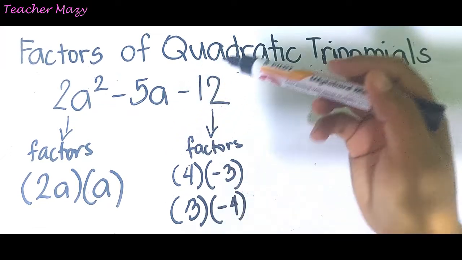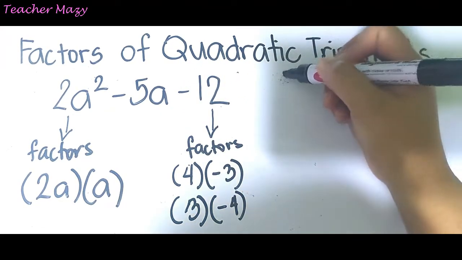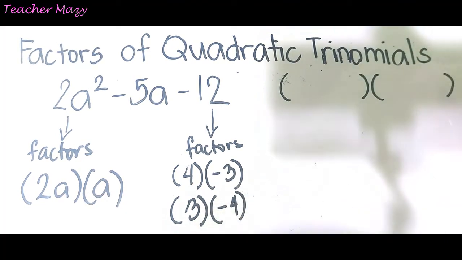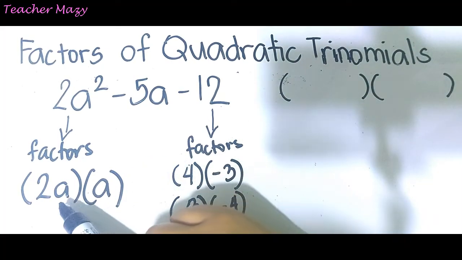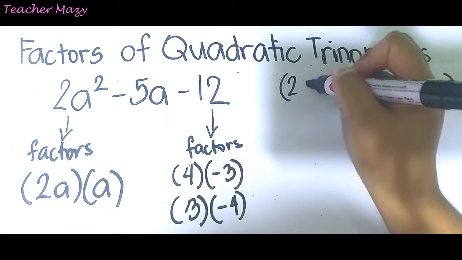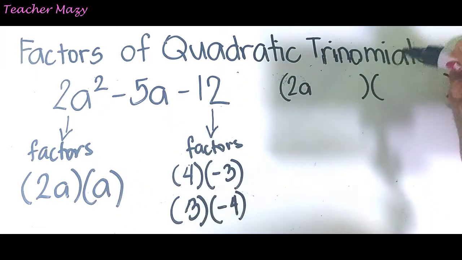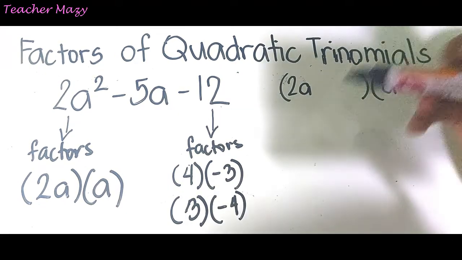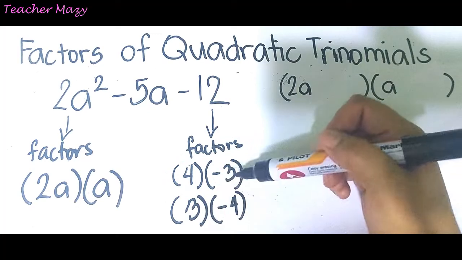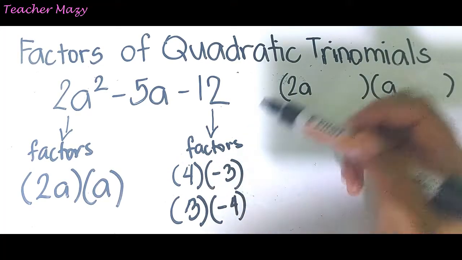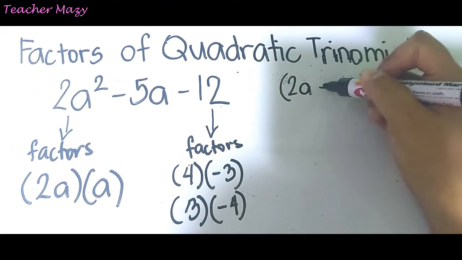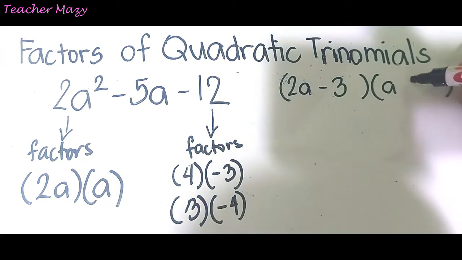We have 2a and a as the factors of the first term, and let's try 4 and negative 3.